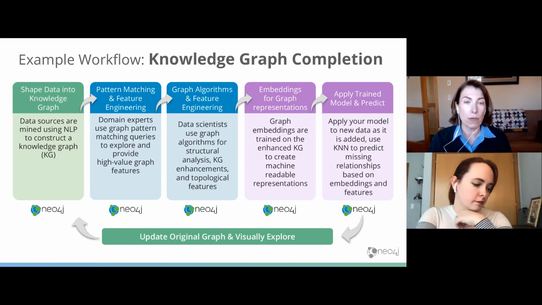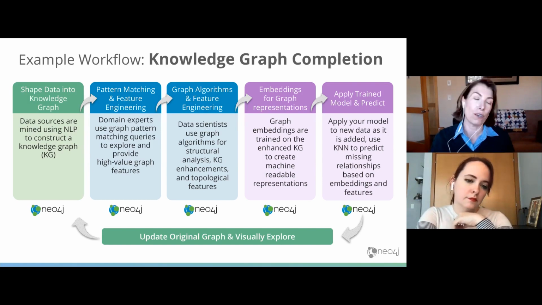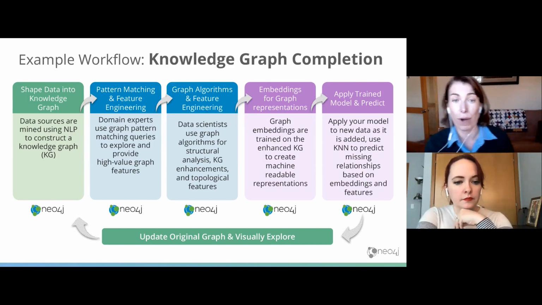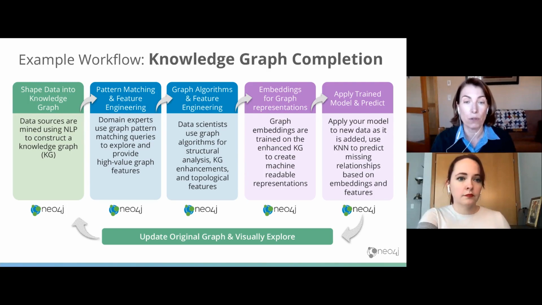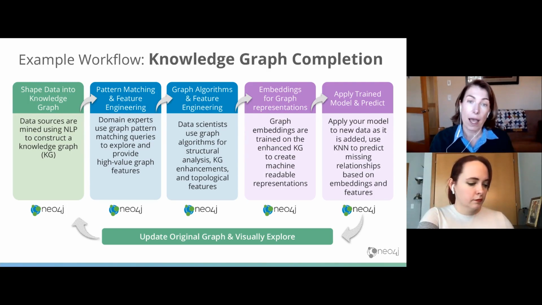Maybe you have domain expertise trying to match something specific, or perhaps you're looking at centrality or community detection, where you write back some kind of features related to that. Then you might be extracting that information so that you can write it back to the graph and have your features written to the graph.